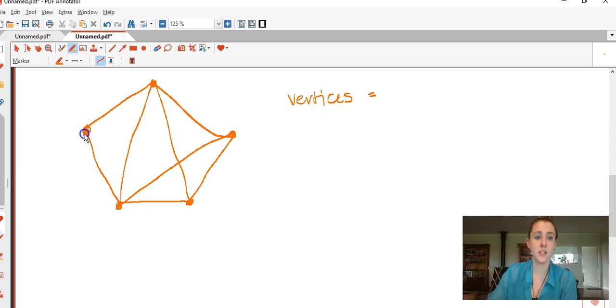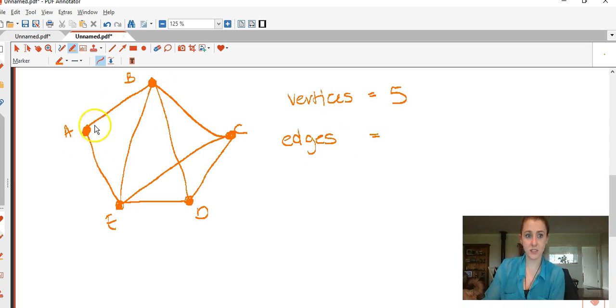So remember, vertices are these dots, the points where the edges come in to connect, or they may be isolated, remember. So here we've just got 1, 2, 3, 4, 5. So 5 vertices. The edges, remember the lines that connect either 2 vertices or a vertex to itself.